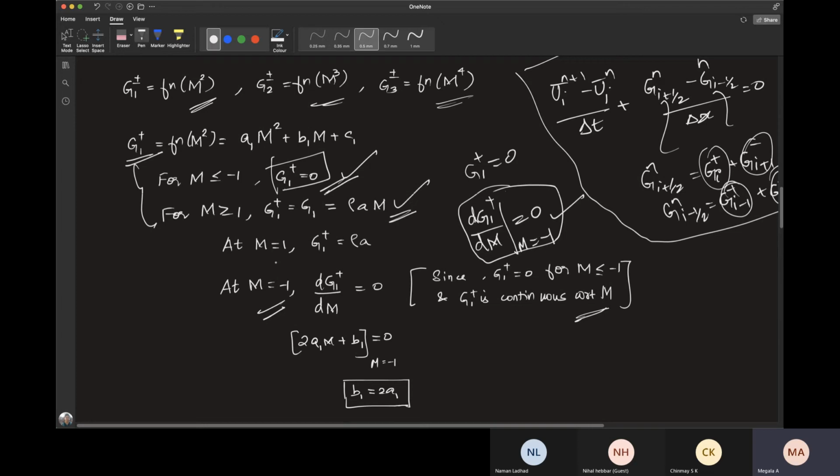This is to avoid the sonic glitch. This is exactly where you are avoiding the sonic glitch. Initially, we had a drastic variation at m equals -1, G1 plus was not varying smoothly. It was drastically changing. So in that case, dG1 plus by dm won't exist when there is a sudden change. But here, when you assume that dG1 plus by dm exists, then you're assuming a smooth variation. So this puts a condition that smooth variation happens.